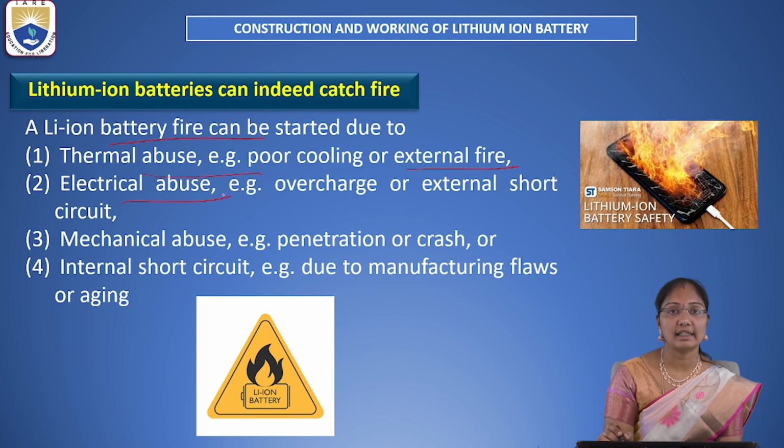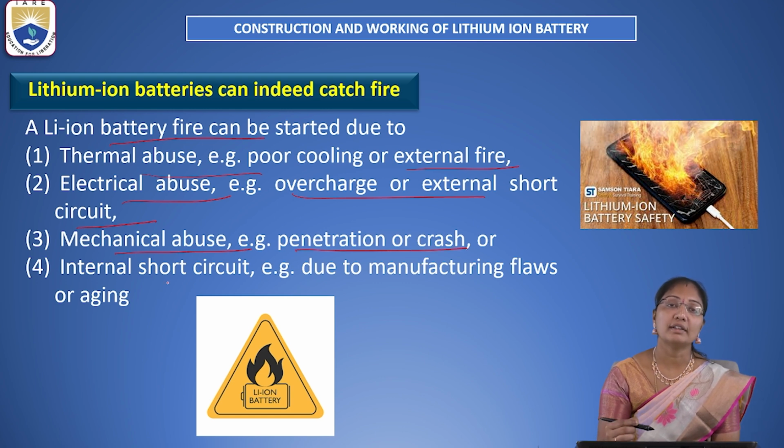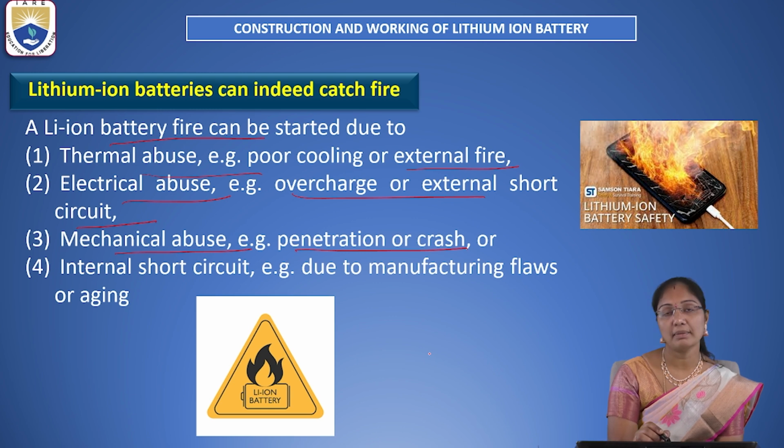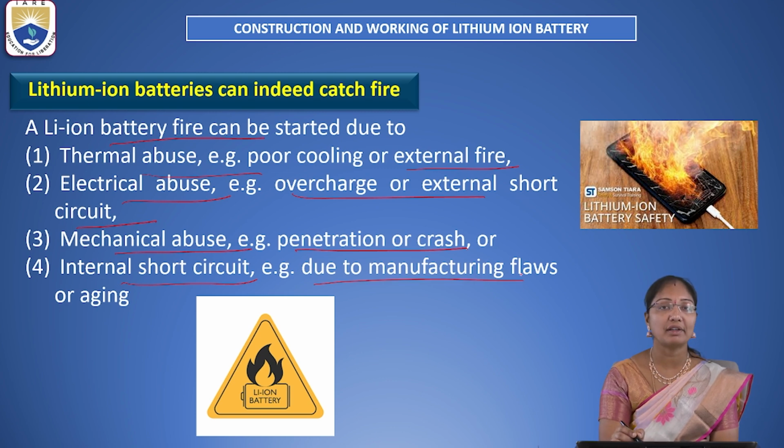Another one is electrical abuse, which is overcharge or external short circuits, because the electrolyte present in it, lithium hexafluorophosphate, is flammable, so there is a possibility of catching fire. Also mechanical abuse, which may be due to penetration or a crash, or applying pressure on it; it should not be pressurized. Then the internal short circuit, which may be due to manufacturing mistakes or flaws, or also due to aging.